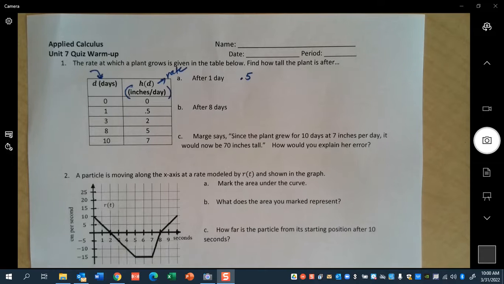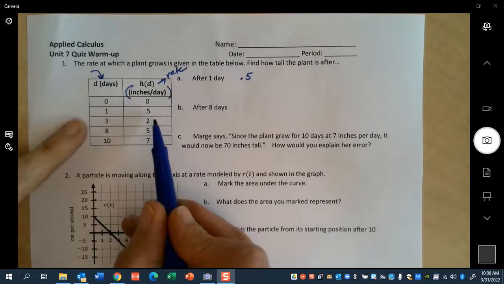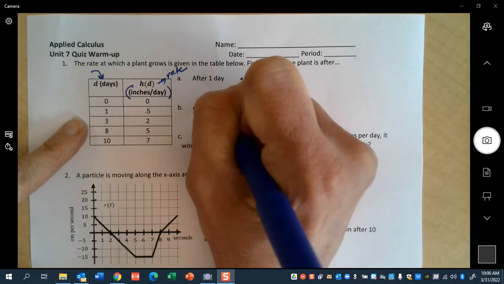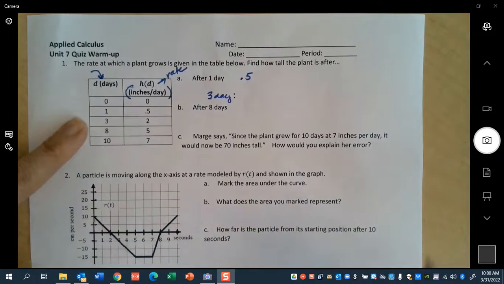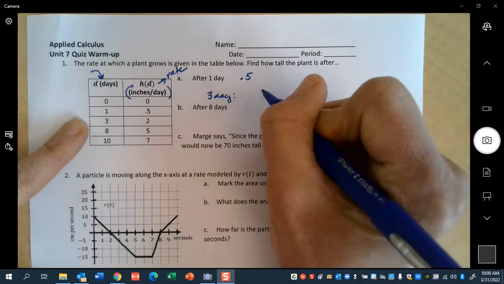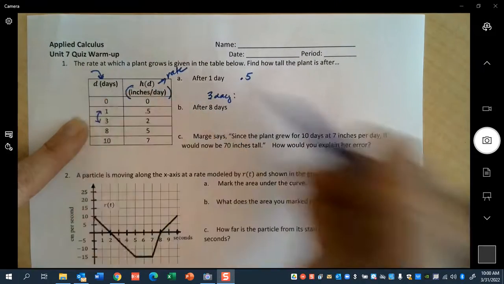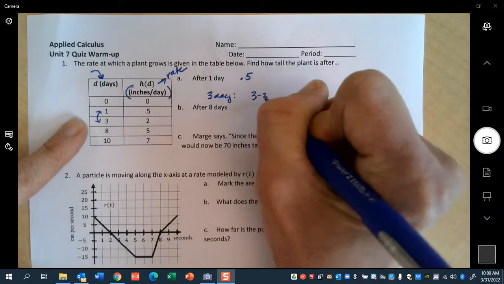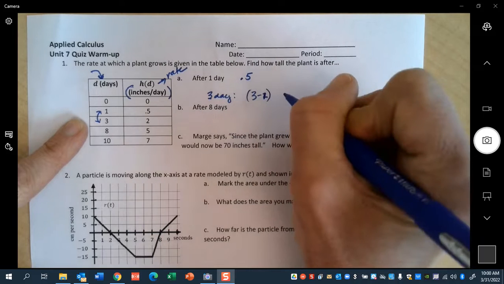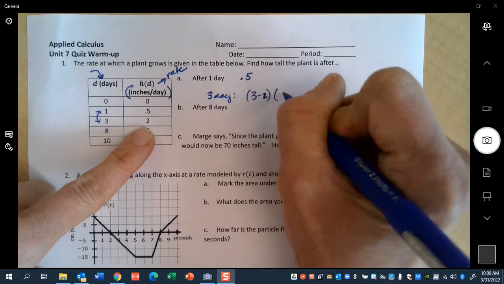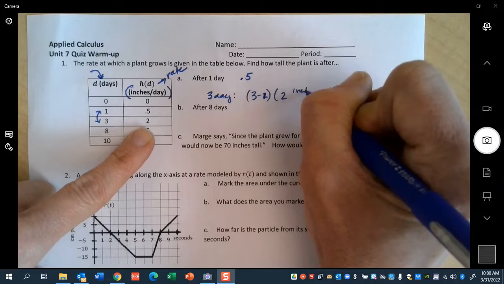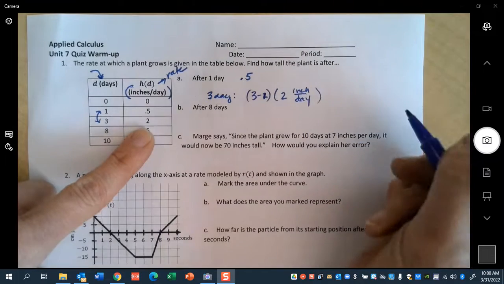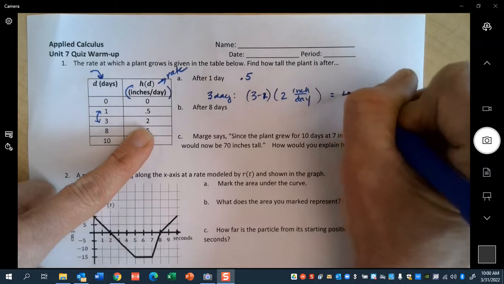Because the way that I calculate this after 2 days, so we'll just go ahead and say at my 3-day conversation, I know that in between here, I'm talking about 3 minus 1 times this rate of 2 inches per day. So what I wind up doing is saying 2 times 2 is 4.